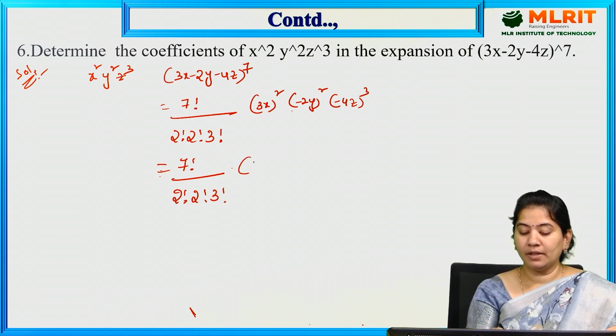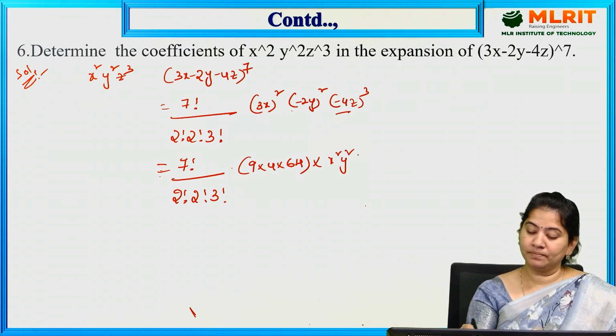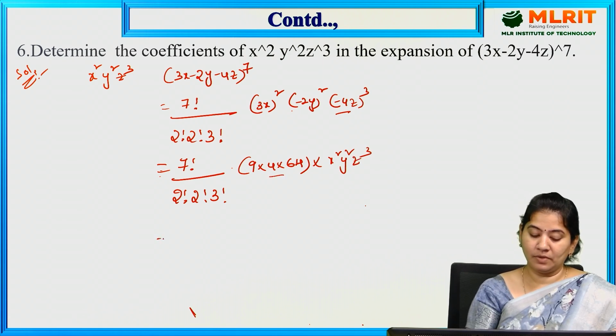So now here 9 into 4, 4 4s are 16, 16 4s are 64, into x square, y square, z cube.